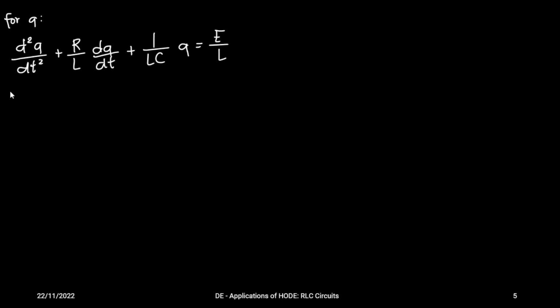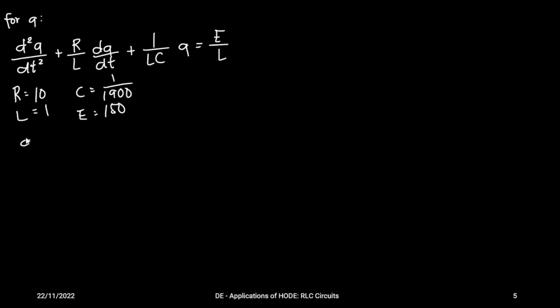No, so we have for E, rather for R, this is equivalent to 10 ohms. So for L, this is equivalent to 1. For C, this is equivalent to 1 over 1900. And for E, this is equivalent to 150. No, so kahit wala na pala yung V. No, so substituting lahat, so we have d squared Q or Q double prime.